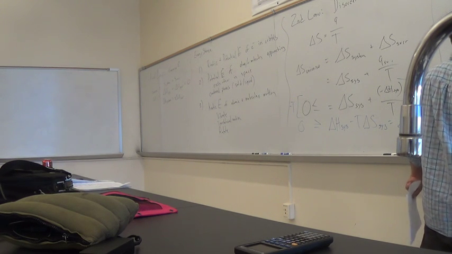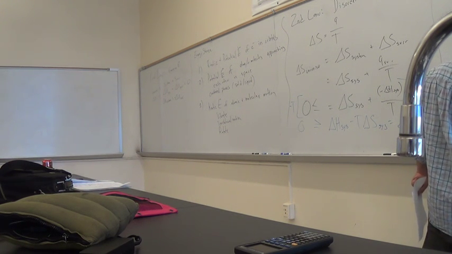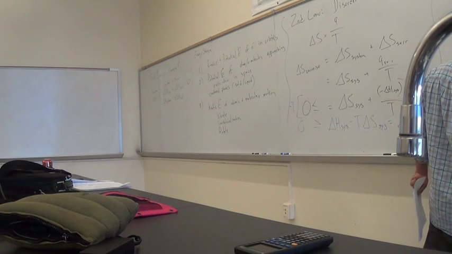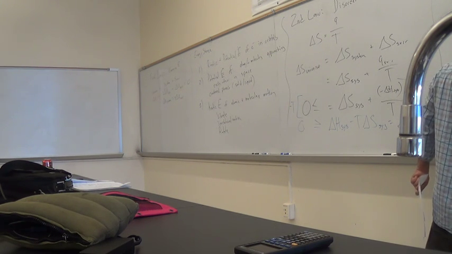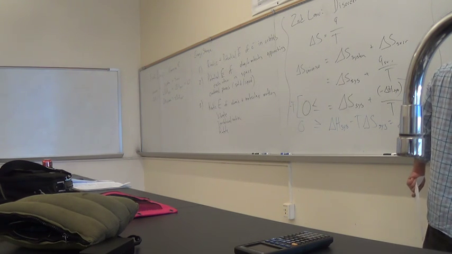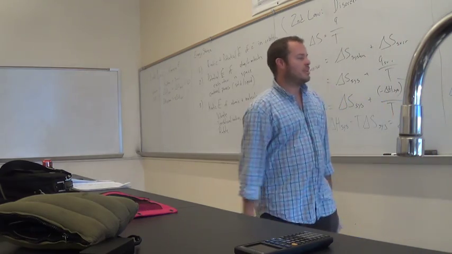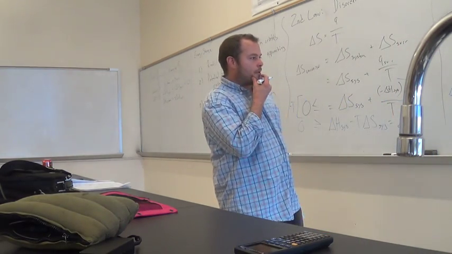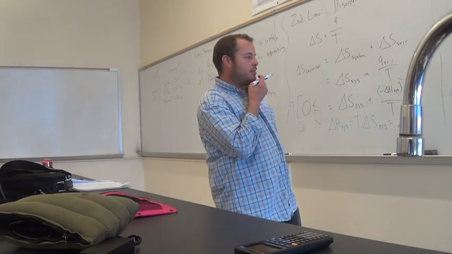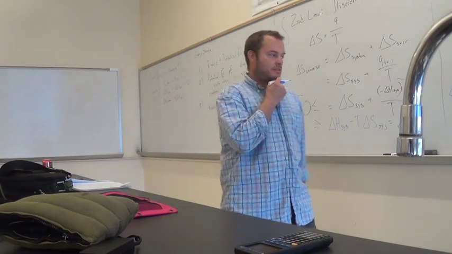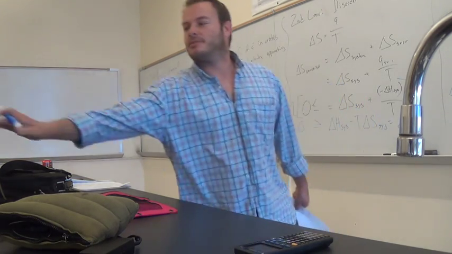Minus 1 times a negative 795.8. Anybody know what that is? 540, 167. Oh, sorry.